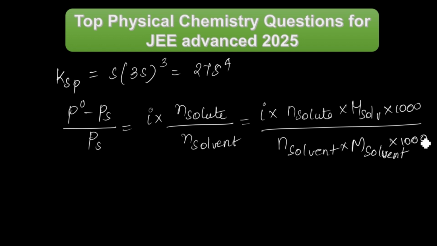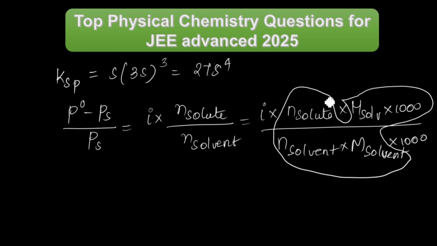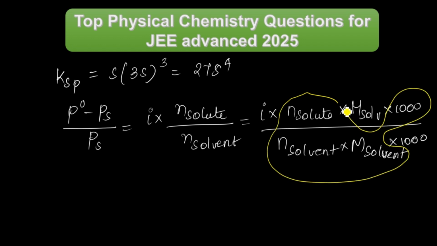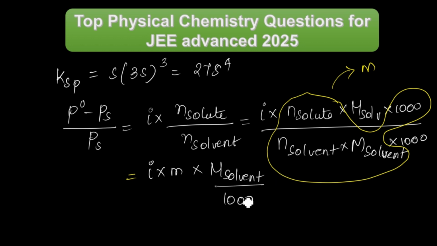Ma'am, why are you doing this? Right? So here you can say N solute by N solvent into M solvent into 1000. So this is our molality, correct? Right? This is our molality m value. Okay, so I'm going to substitute it as i into m into the remaining part M solvent divided by 1000. Okay, cool.